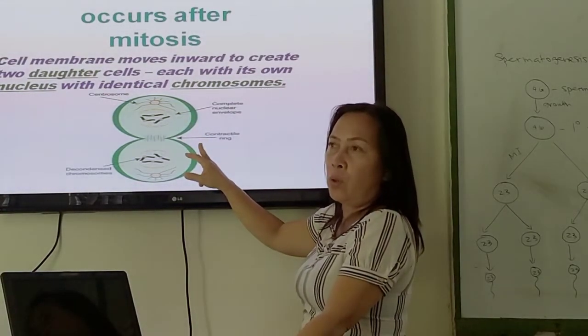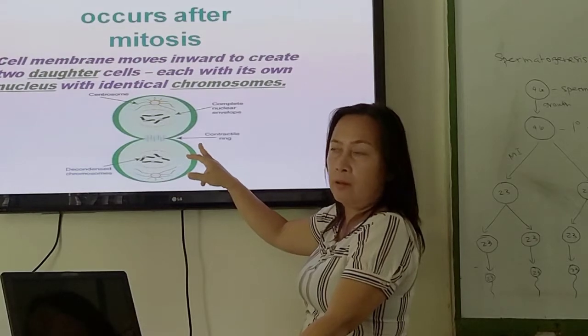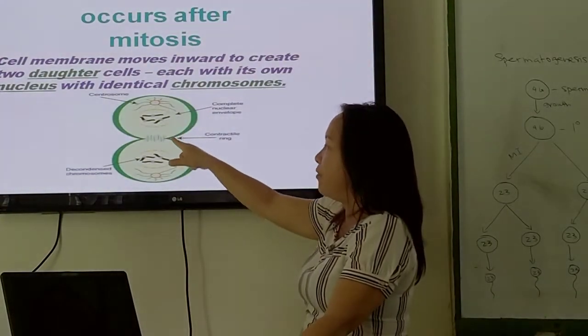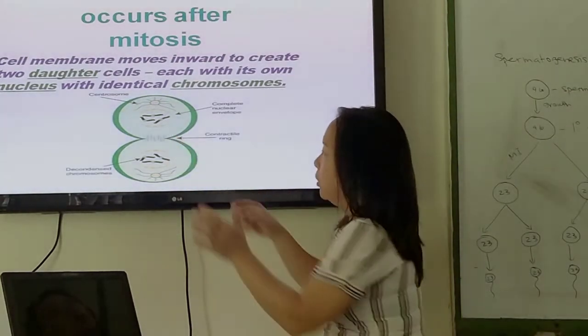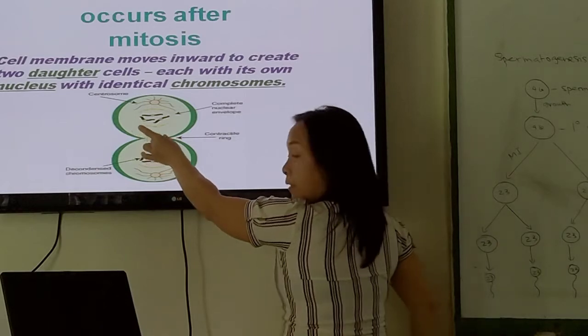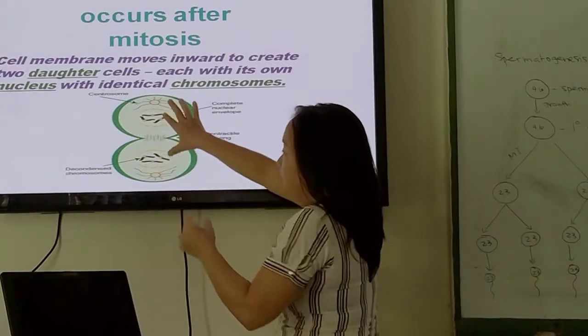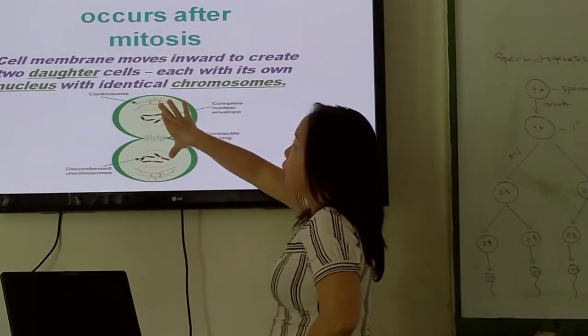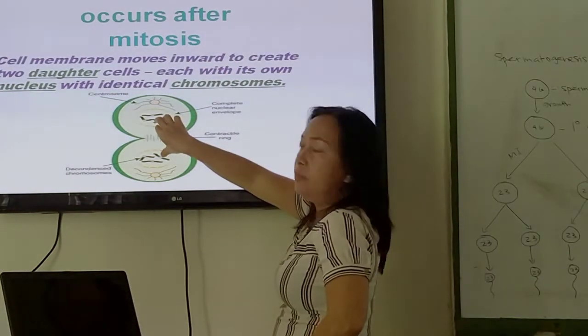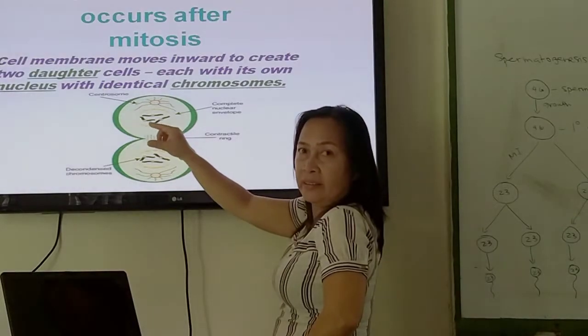For plant cells, we call that the cell plate. But for this, there is the appearance of a groove or furrow. So it starts until it reaches this area, until there will be two cells formed after cytokinesis is completed.